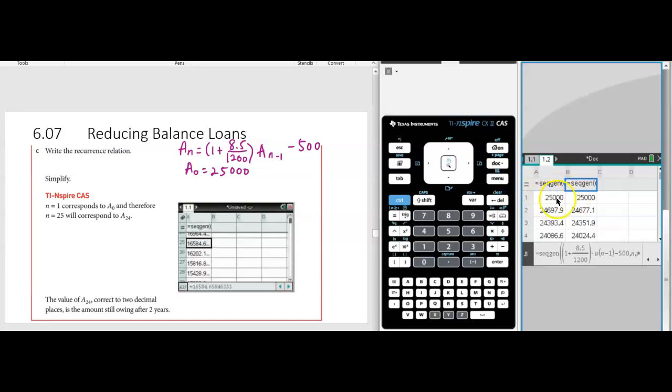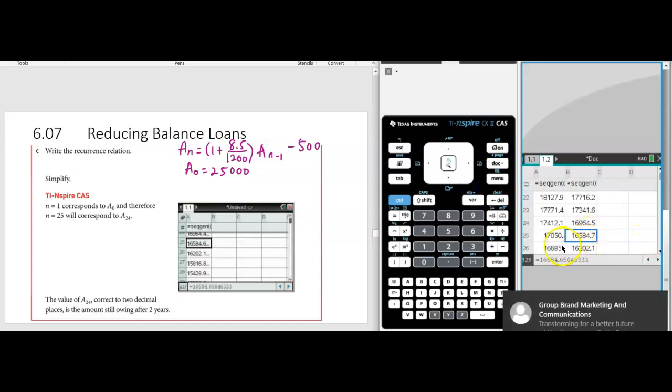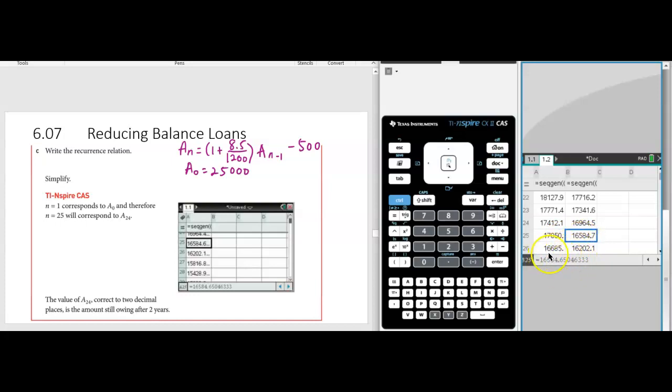Because your calculator starts with row 1, row 2 is actually your A_1 term. So after 2 years is term 24 in your question, but in your calculator you go to the 25th row. So I get the value here, and remember to look at the one below to take note of the 2 decimal places for dollars and cents.